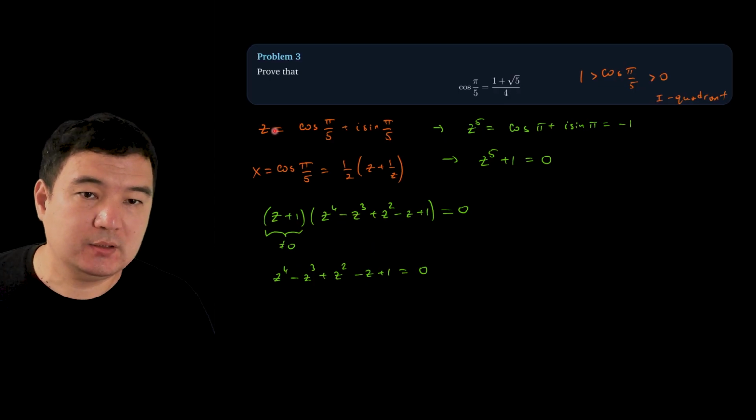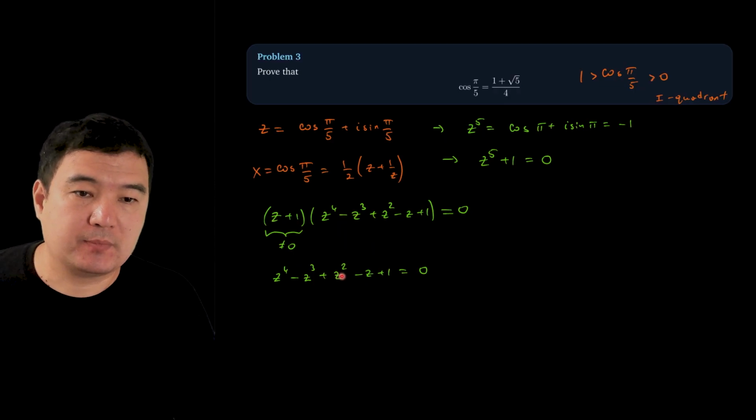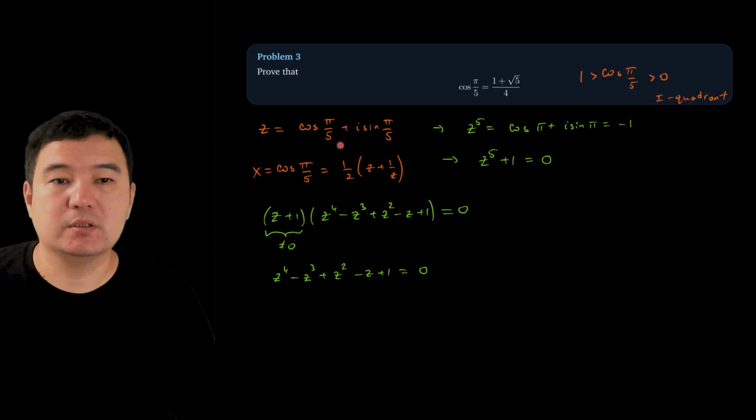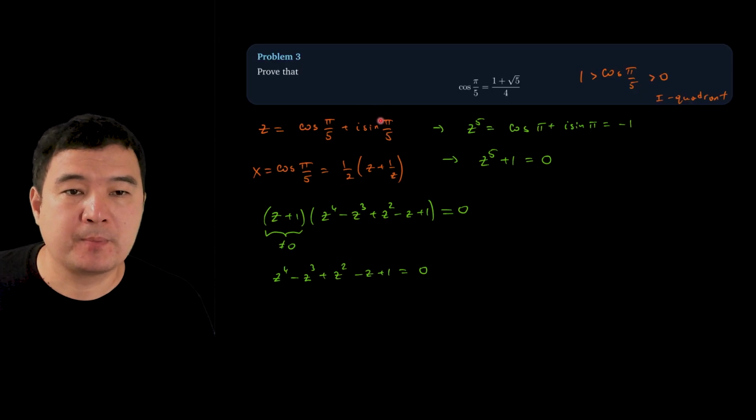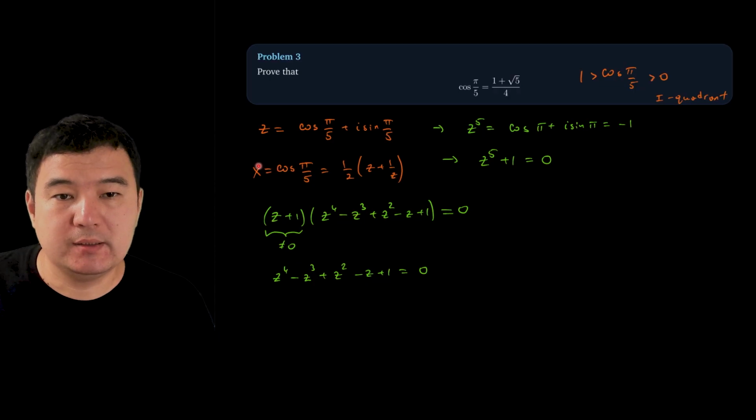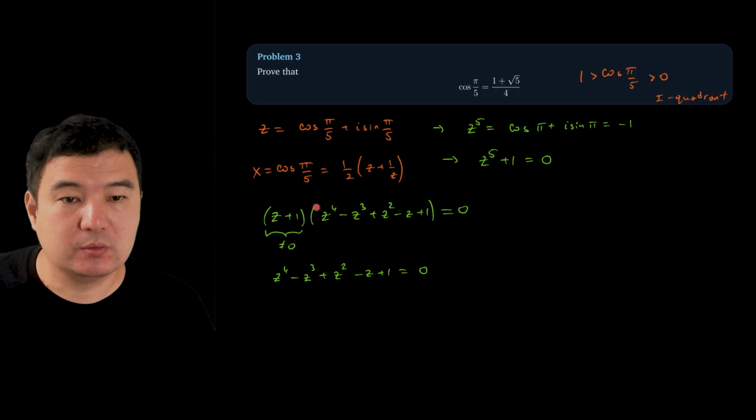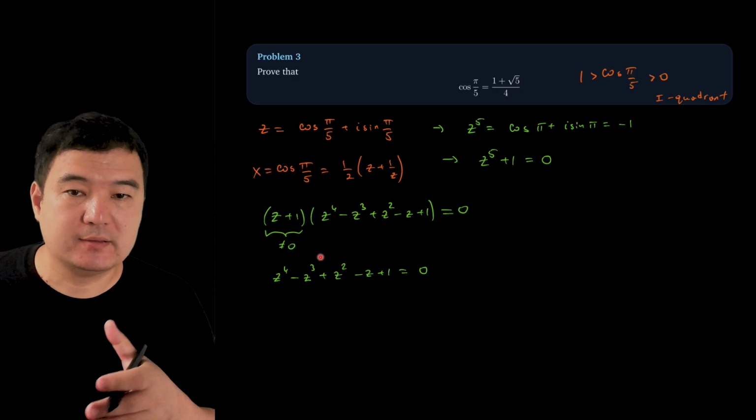We know z is this one. If I solve this equation, one of the solutions is going to be this number. But what I want is to find this x.